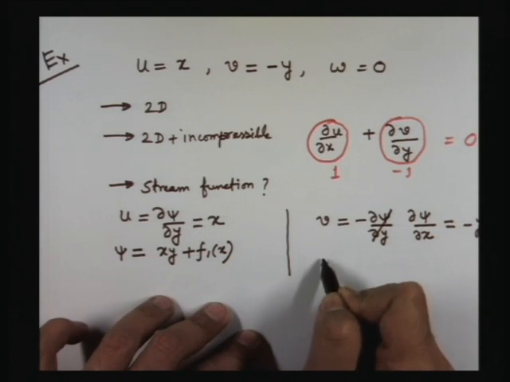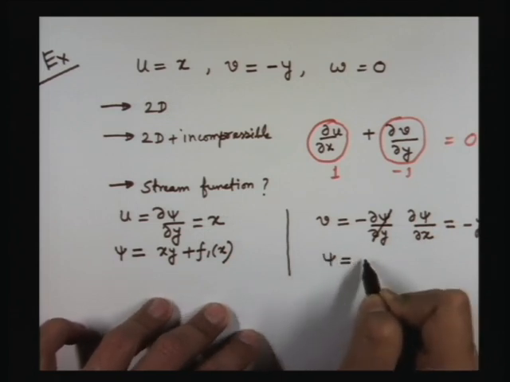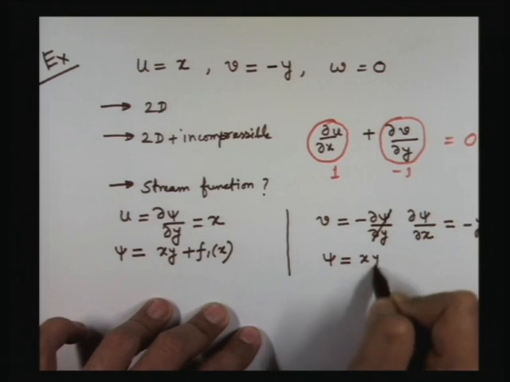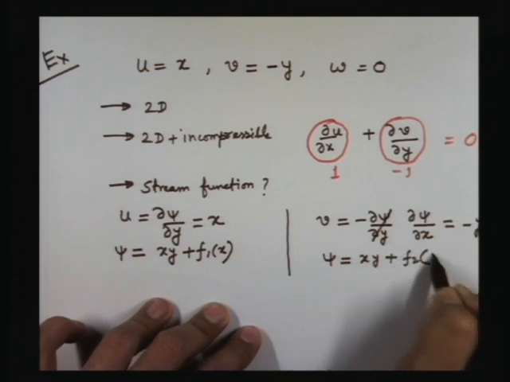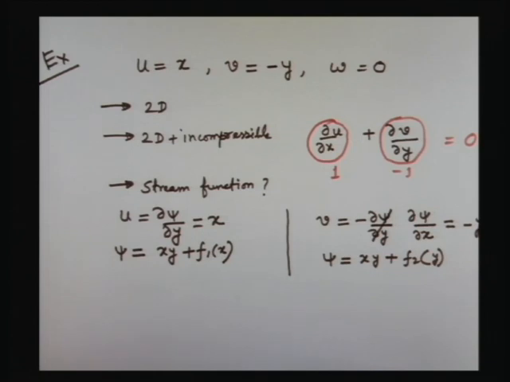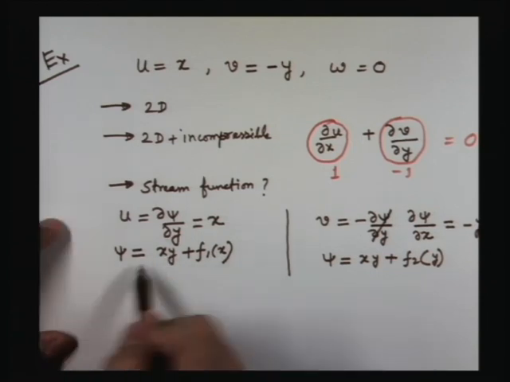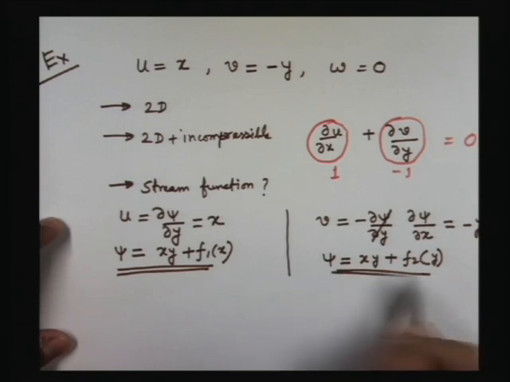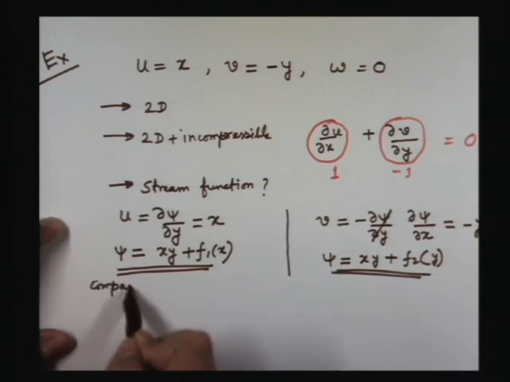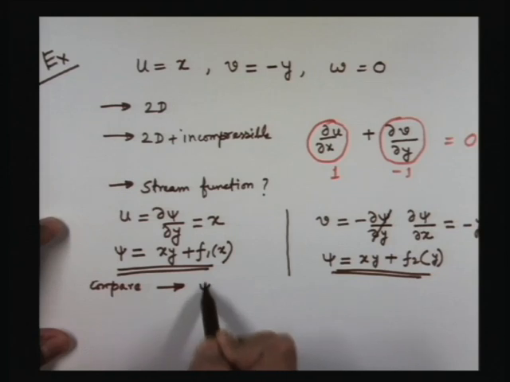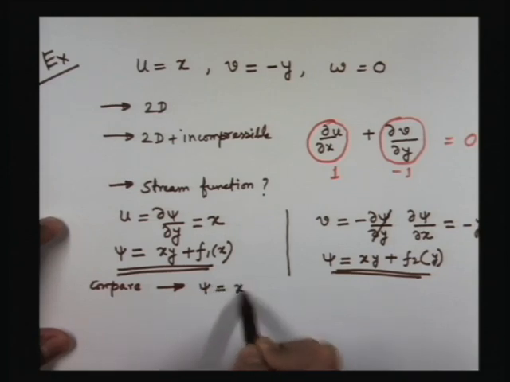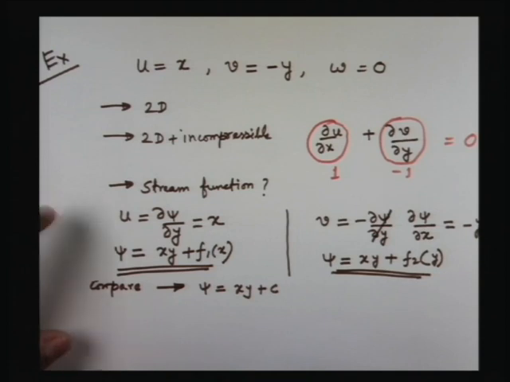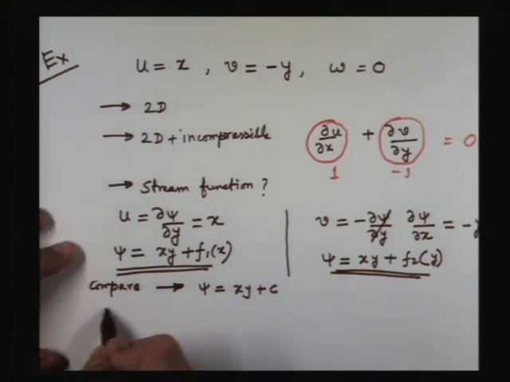So if you integrate it partially with respect to x, psi is equal to again xy plus some function of y. So if you compare these two, comparison tells that psi is equal to xy maybe plus some constant. Now let us inquire on the existence of velocity potential.